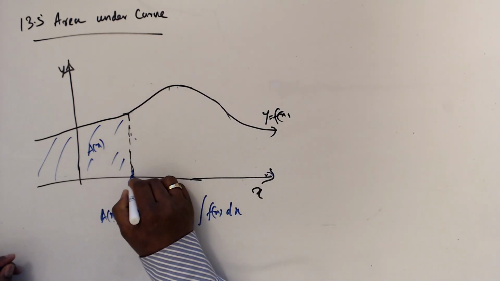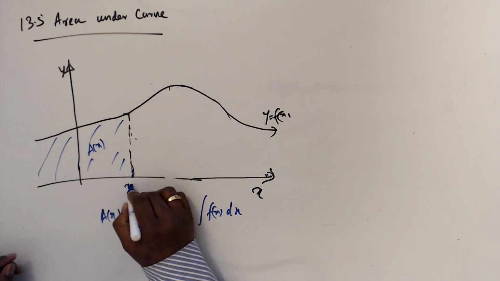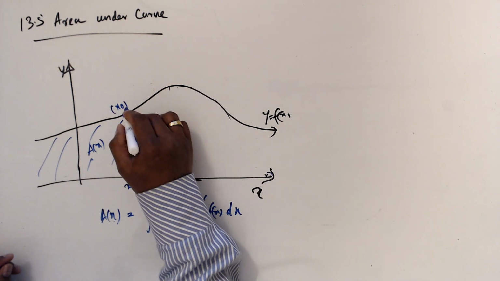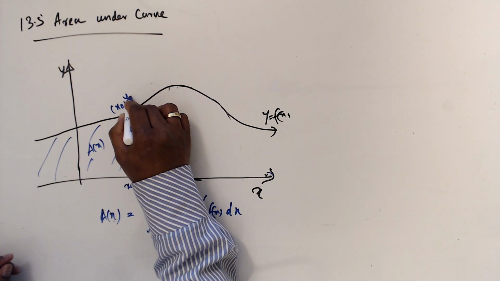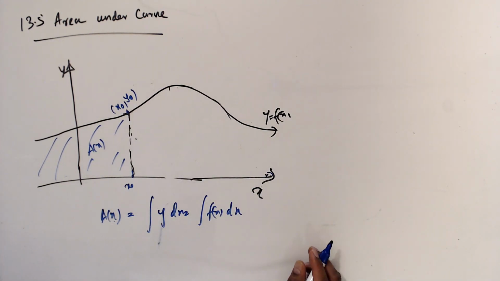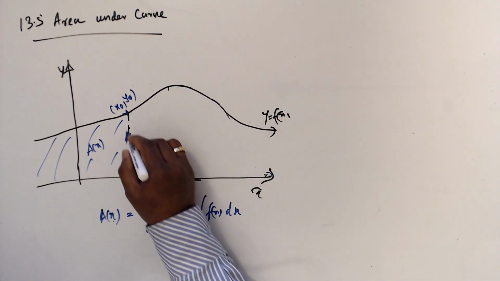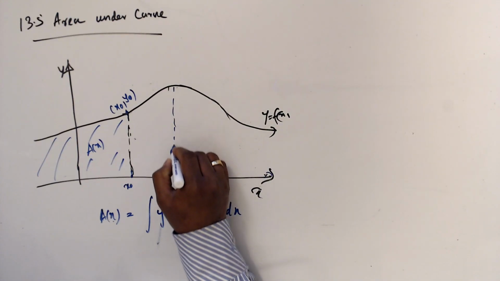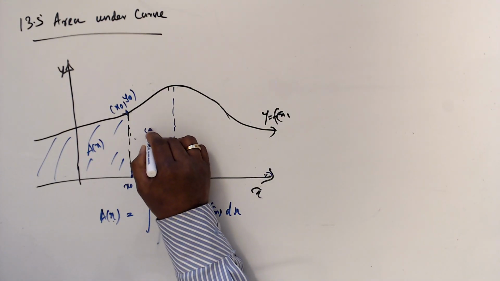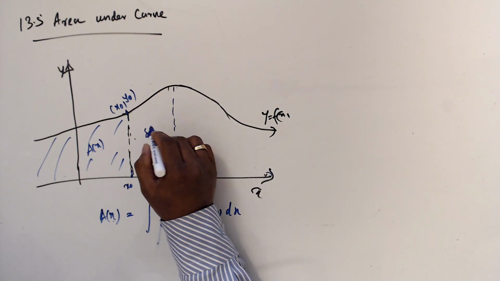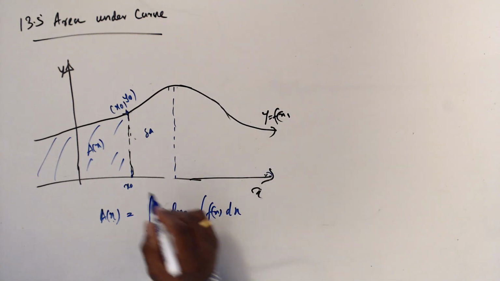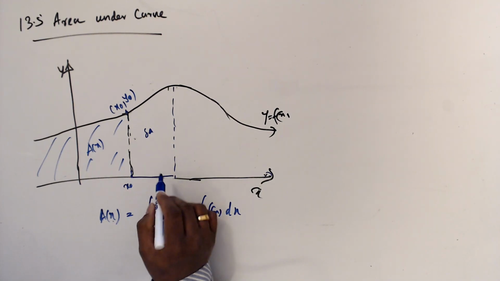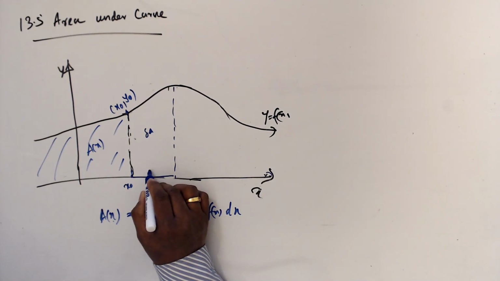Okay, I will take this value x naught. So this is x naught, y naught. Now I will increase this area by delta A, and I will take this distance as delta x.